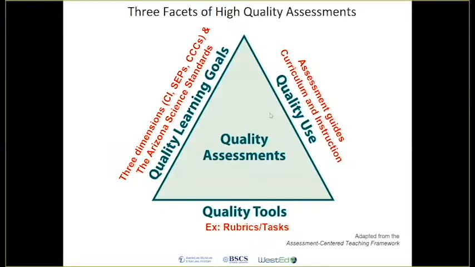So the three facets of high-quality assessments are represented by the three sides of this triangle. And we have our quality learning goals, quality tools, and quality use of assessments. We can think of the quality learning goals as the three dimensions of our Arizona Science Standards.